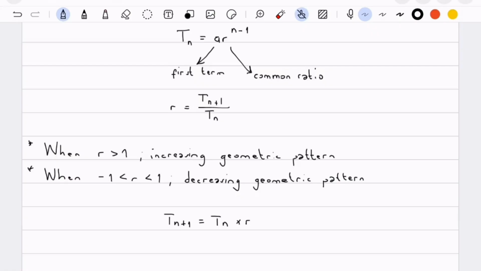A sequence is only geometric if this equation holds: T3 divided by T2 equals T2 divided by T1. So in order for us to have a geometric pattern, this formula needs to hold.